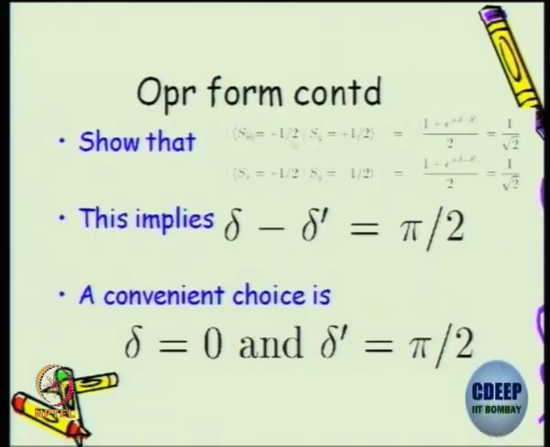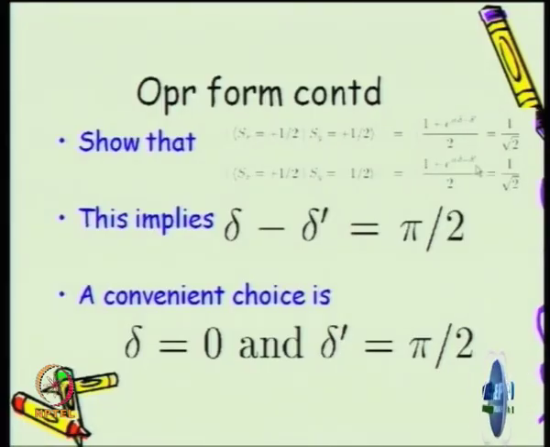Show that the norm, or it's not norm, the inner product of two states will be this, and the mod of that should be 1 over root 2. And similarly, the inner product with the Sy equal to minus half and Sx equal to plus half is this. And now you fix your choice.